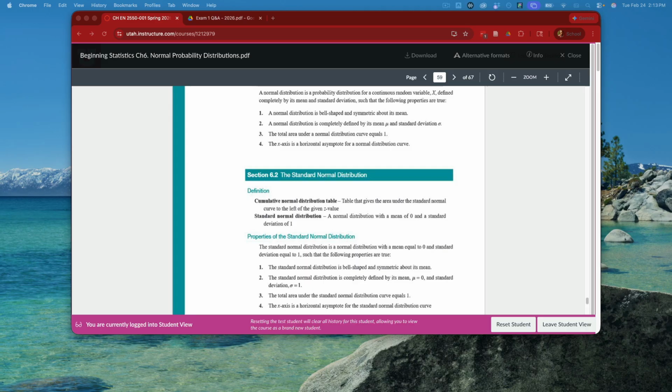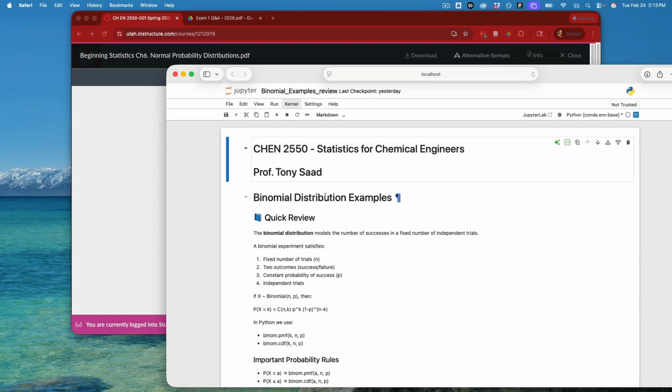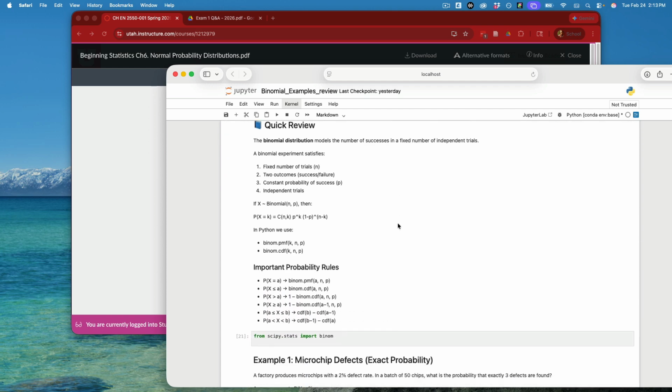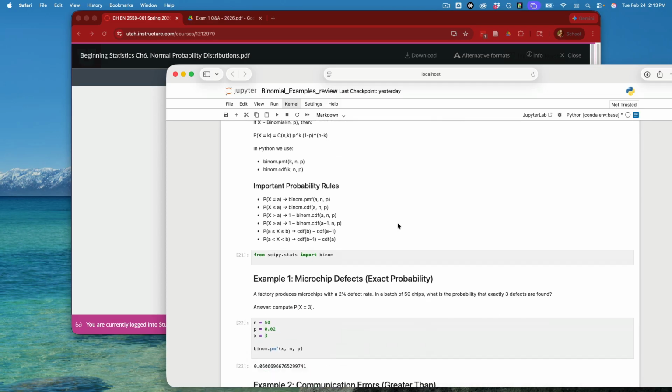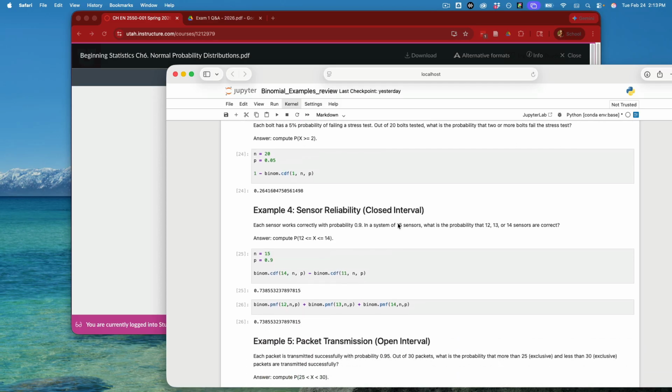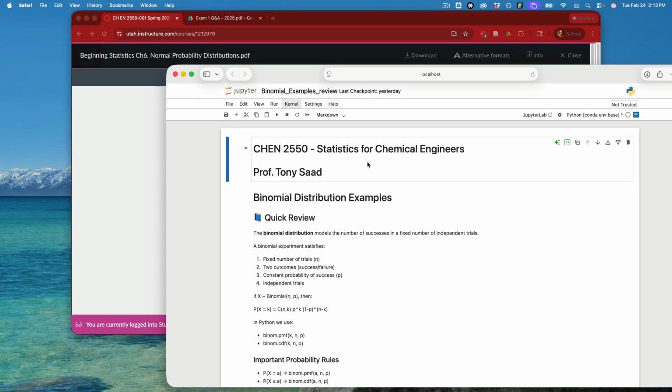All right. Let me turn back. The notebooks are going to look like this, and that's what I will share with you on Canvas when we're done here. I have 5 notebooks, one for each of the key distributions we worked with: binomial, hypergeometric, Poisson, uniform, and normal distribution.